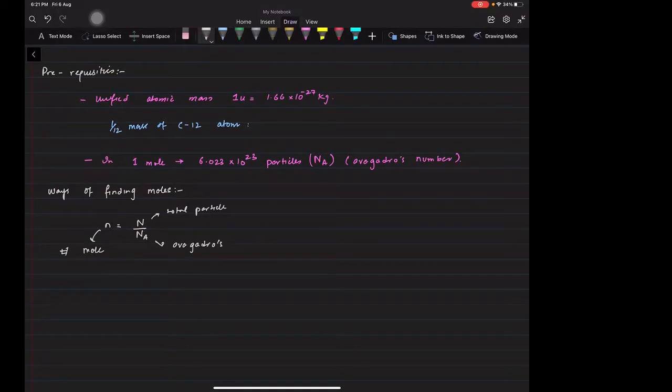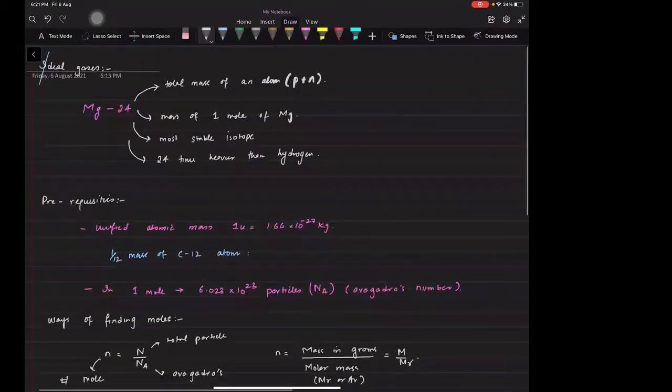Another way of finding moles is by dividing the mass of anything in grams by the molar mass. Isko chemistry mein Mr aur Ar jo bhi tum bol sakte ho, theek hai? So ek formula aa gaya N/NA aur ek aa gaya m/Mr. Please remember this. Ab ye molar mass hota kya, jo humne upar likha hai 24, 16, 23, theek hai?